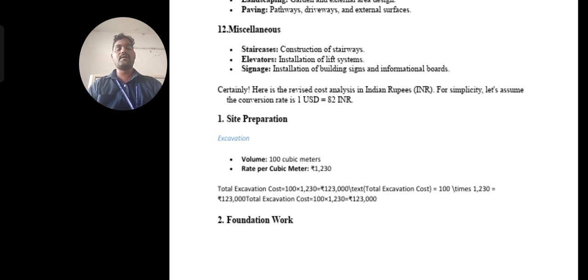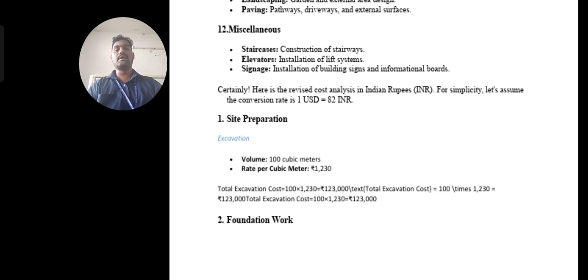Coming to the rate, we use the rate schedule analysis by the Telangana government. If you work in other states, we take the rate schedule analysis released by that government. For example, for nearby Andhra Pradesh, we take the Andhra Pradesh rate schedule analysis.